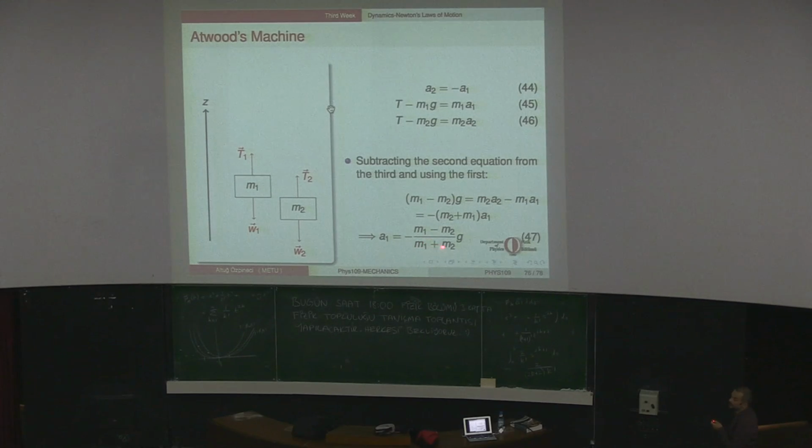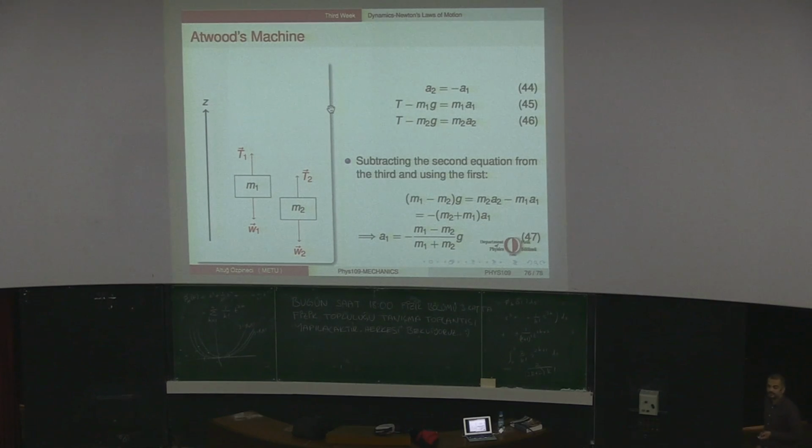This is almost minus 1. So if m2 is very large, you can just ignore m1. So ignoring m1, this ratio is minus 1, we have a minus here, so a1 is almost equal to g. Well, that is what we expected. So the fly just moves upwards. So the fly will not be able to stop you from falling down the cliff.